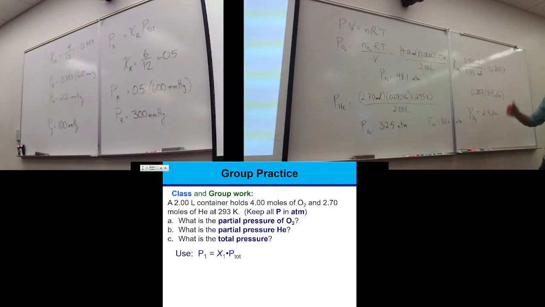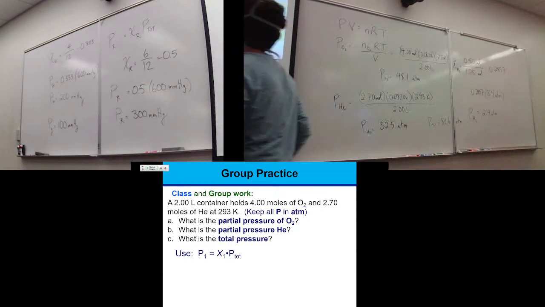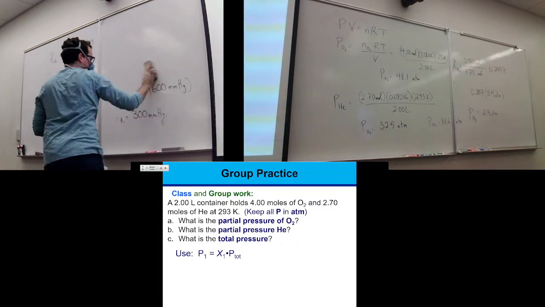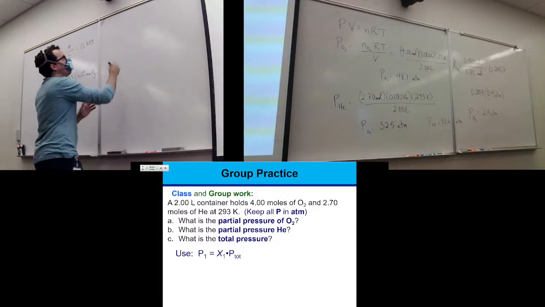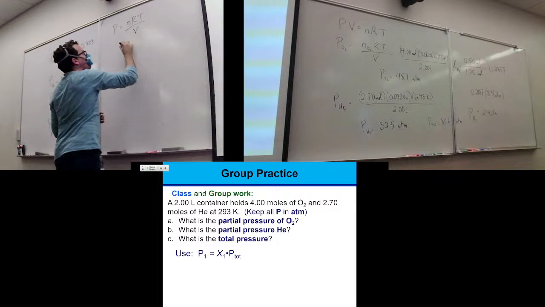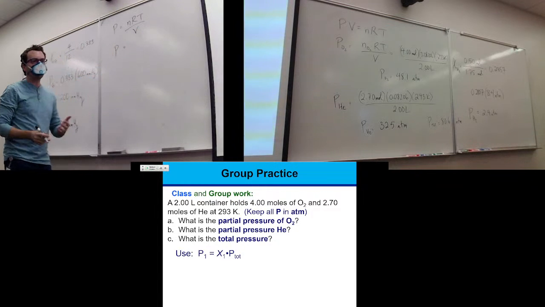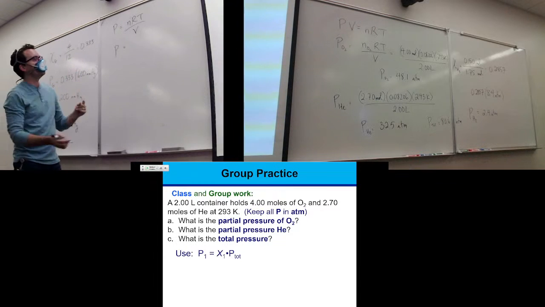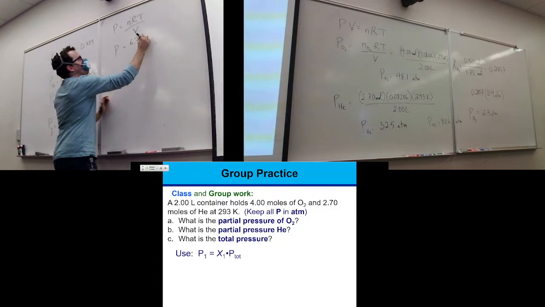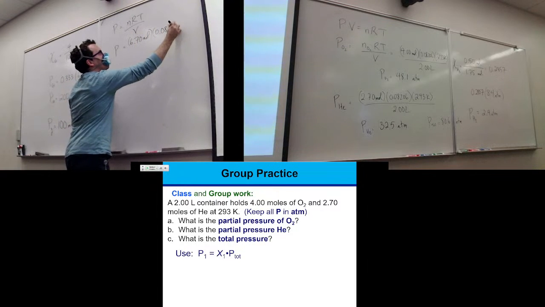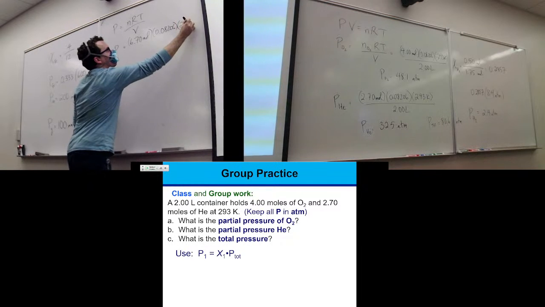Now, just in case, let's do it the other way. Let's see what we get. So let's at least calculate the pressure the other way, using PV equals nRT. And instead of plugging in the individual moles, let's plug in the total moles. So 4 plus 2.7 is 6.7 moles. And the gas constant is 0.08206. Temperature is 293.